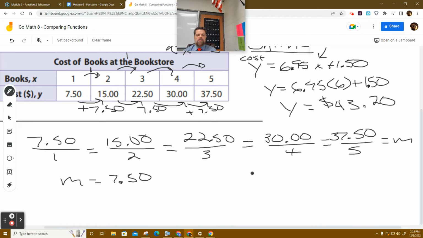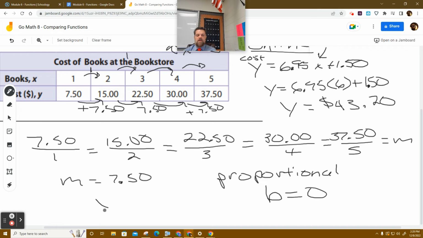If it's proportional, what do we know about proportional linear relationships? It's constant for sure, but where does it cross? What is the y-intercept? The origin. So b would equal what? 0.